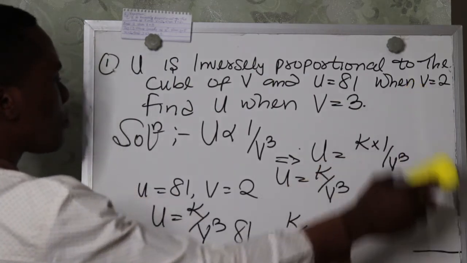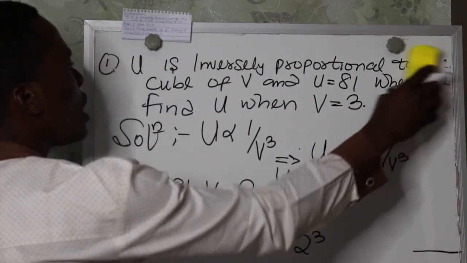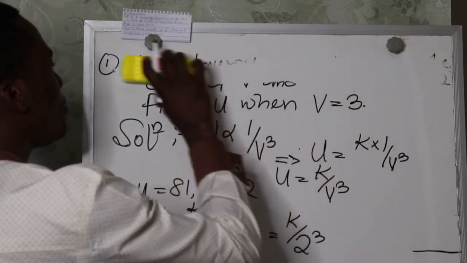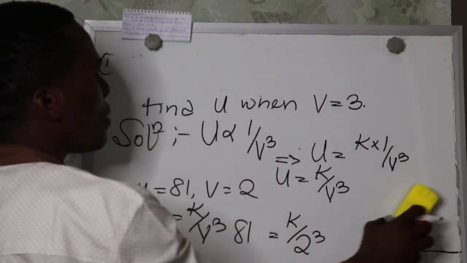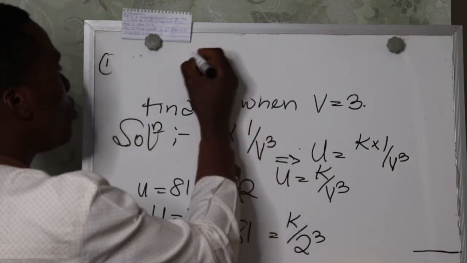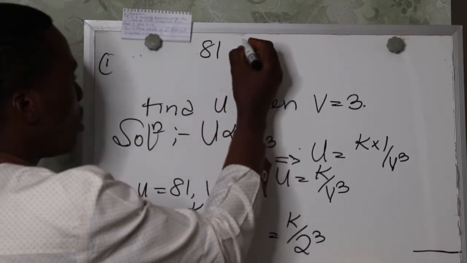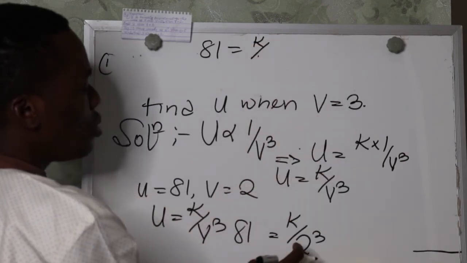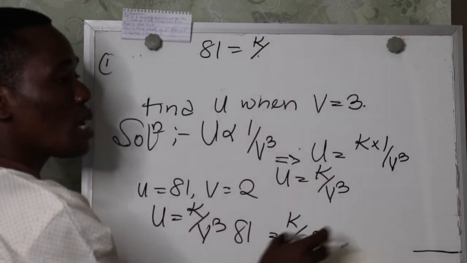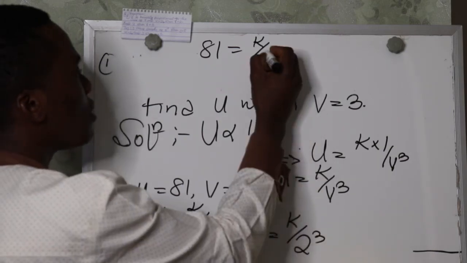Having seen that, we are going to simplify that value. Simplifying, we have 81 equal to k over 2 raised to power 3, which is 8. 2 times 2 is 4, times 2 gives us 8.